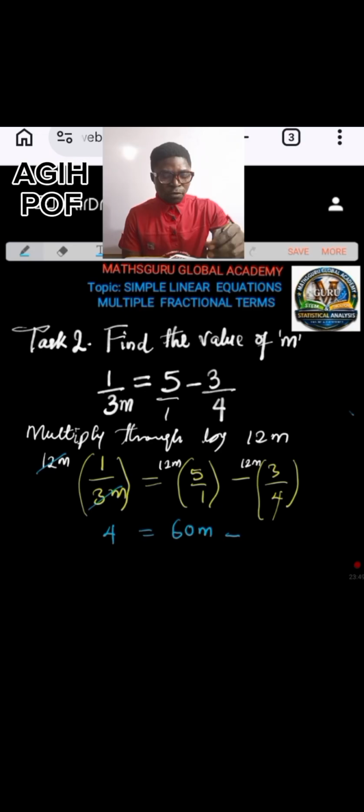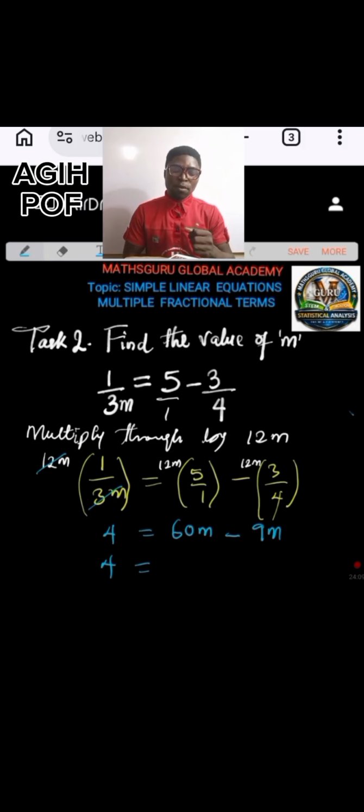And minus 4 in 12 is simply 3m. So we have 3m times 3, which will give us 9m. So the next step: 4 equals 60m minus 9m. This will give us 51m.